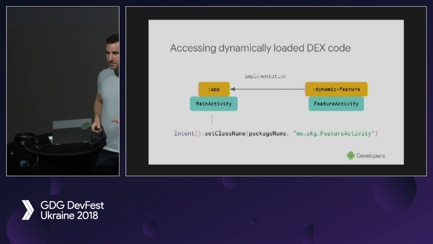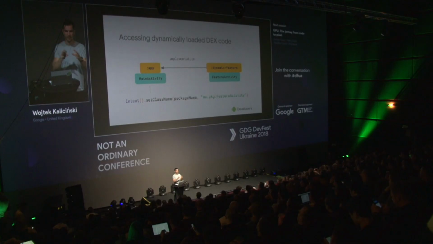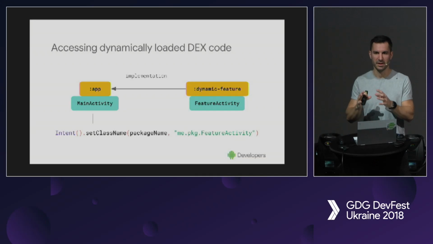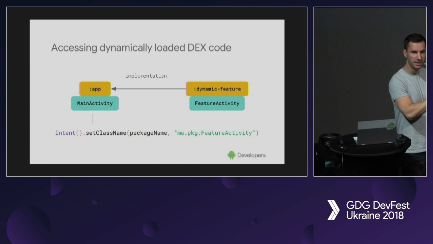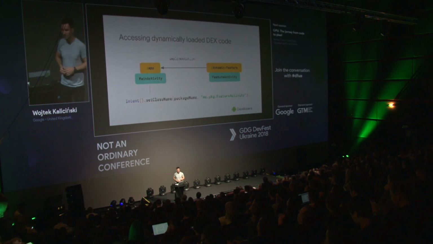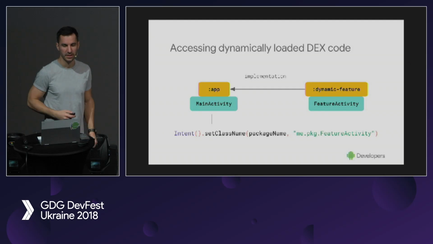Now, remember when I talked about instant apps, where you actually take part of your app, like a screen or a series of screens, and refactor it out to a separate APK. If you have that, if your dynamic feature is actually a self-contained activity or fragment that can simply be invoked from your main application code, and then the whole program control moves to that, you can actually just call it by intent.